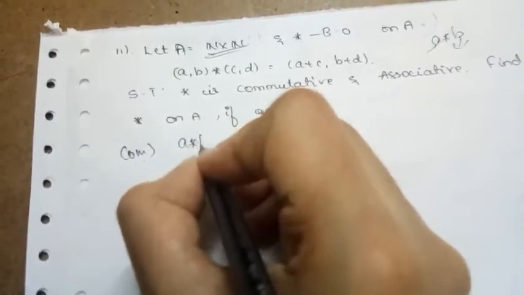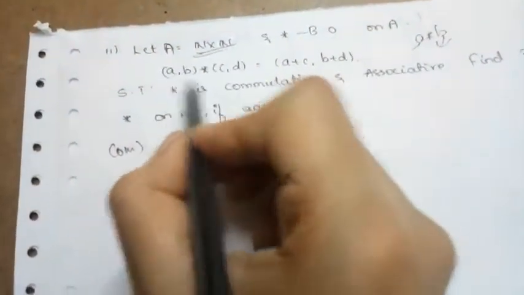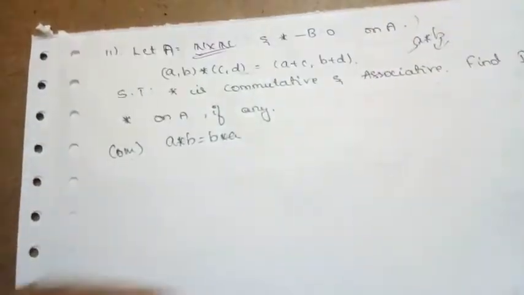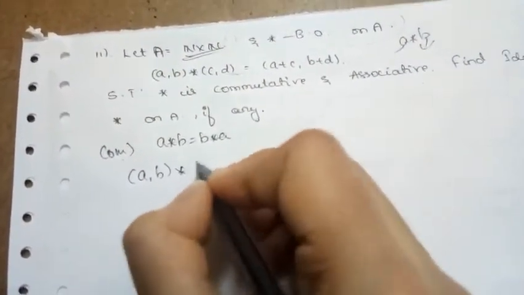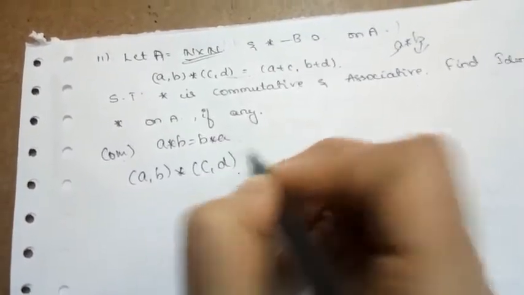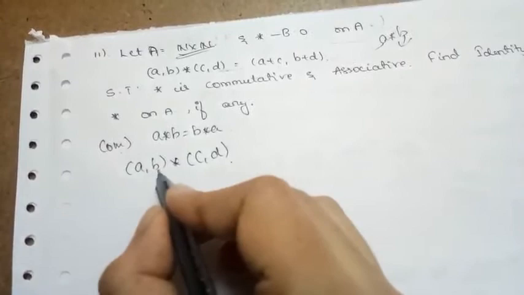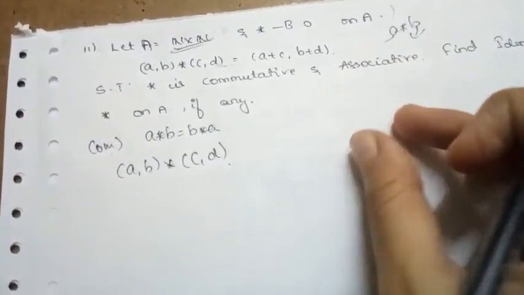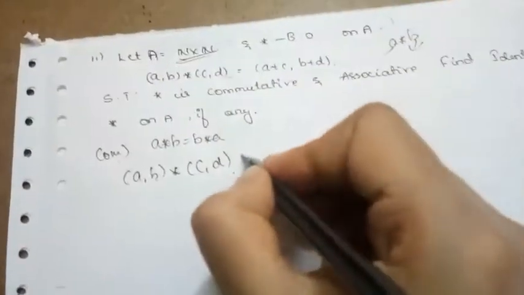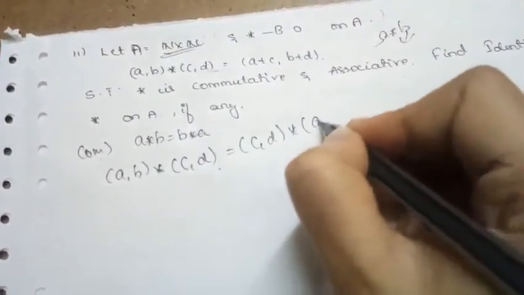Okay, so now checking for commutativity. We know that if a star b is equal to b star a, then it is commutative. Here, a comma b star c comma d must be equal to c comma d star a comma b.